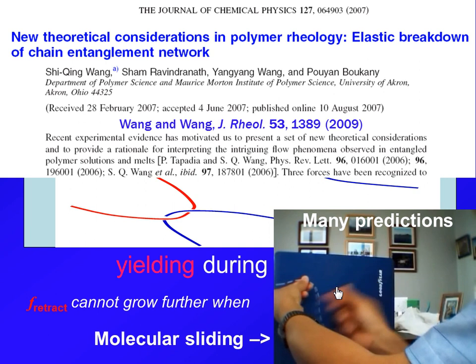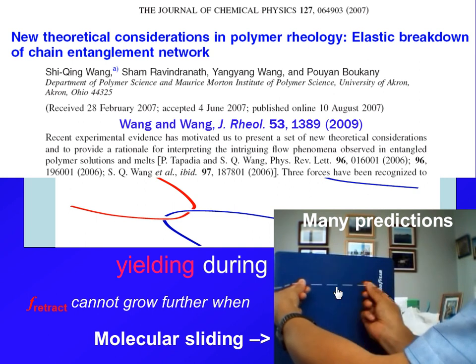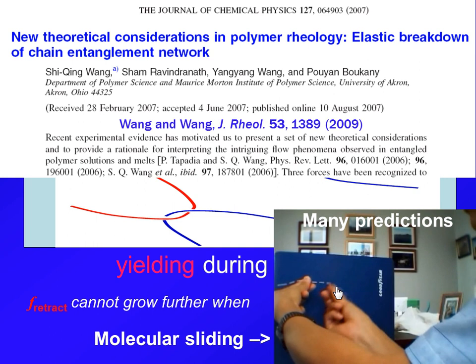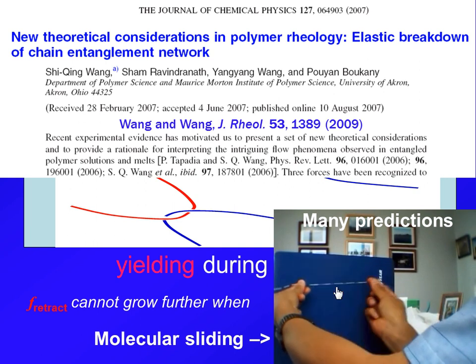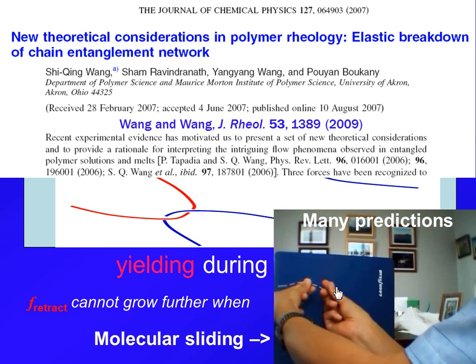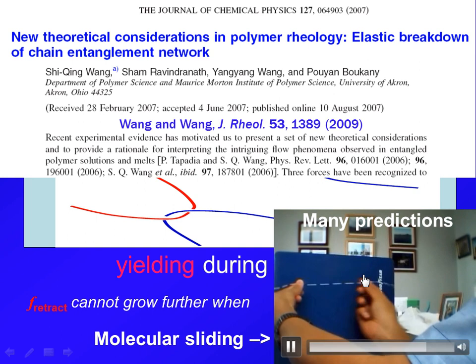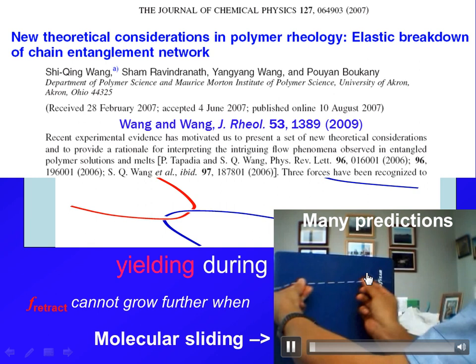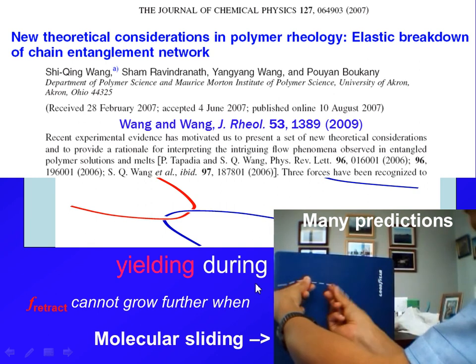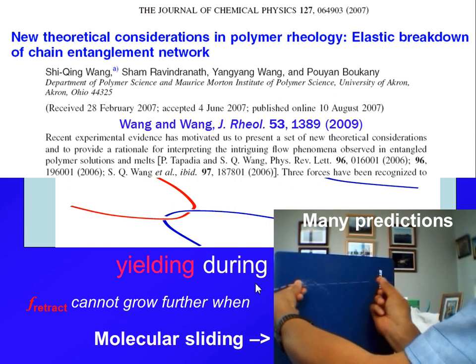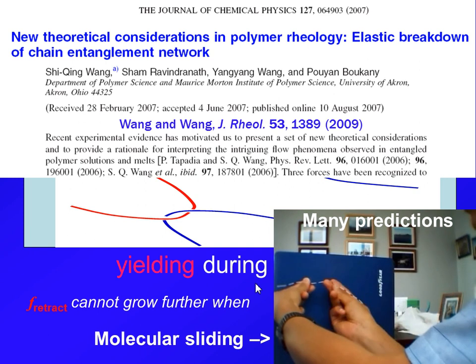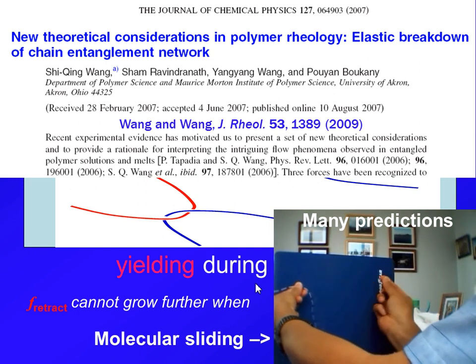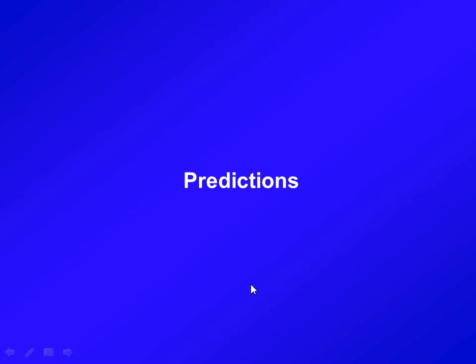And the chain, driven by the elasticity of its own elastic tension, will retract. And that gave rise to the measured drop of the force that I told you about beyond the maximum stress, the so-called stress overshoot. So I think this type of picture is going to stay with us. It's really a question of whether there is an analytical way to account for this picture, to describe such a picture.